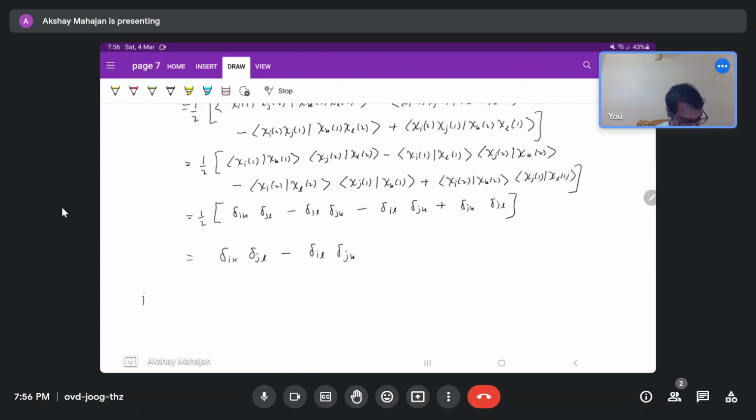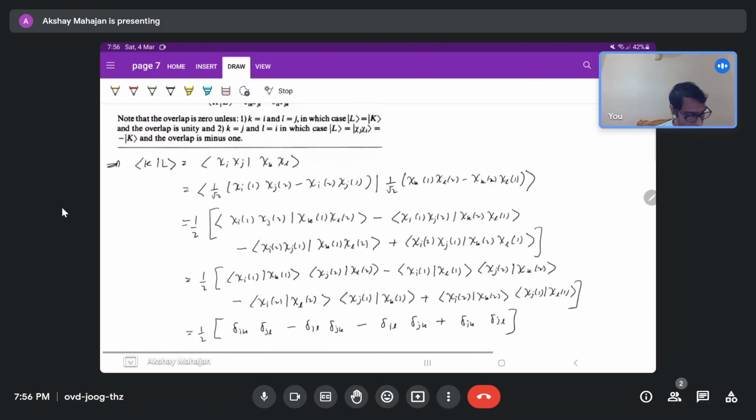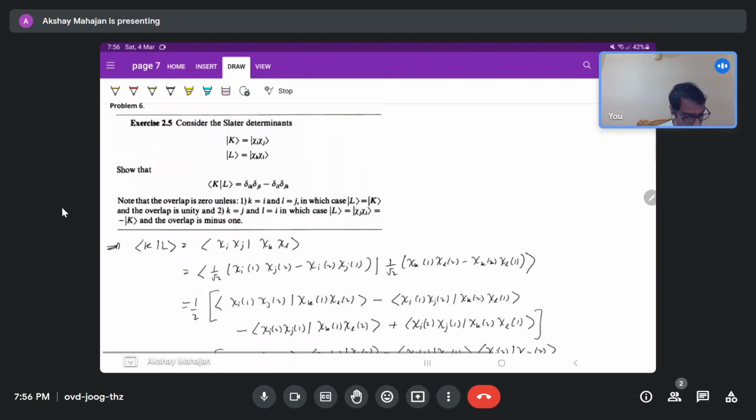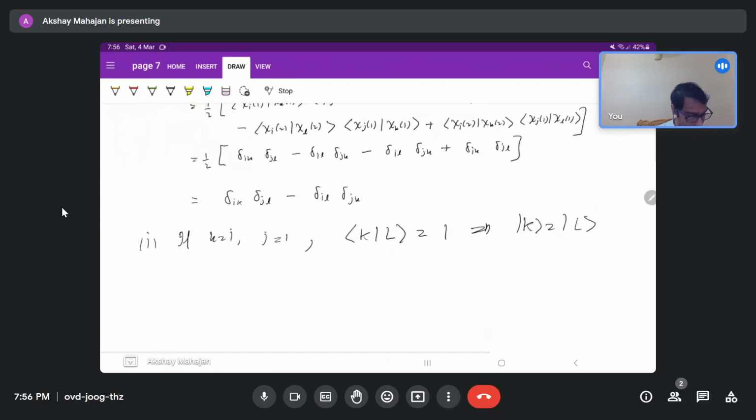So now if I just take the condition, if k equals i and j equals l, our KL is coming as 1 1 and this will be 0, so what we are getting is 1, so they are normalized and the overlap is coming as unity.